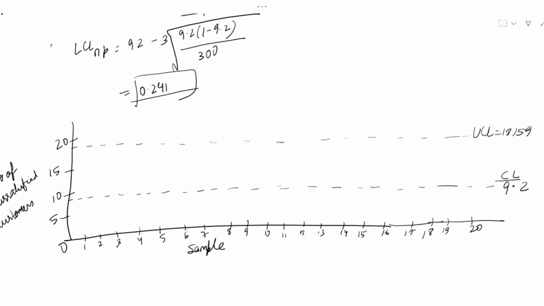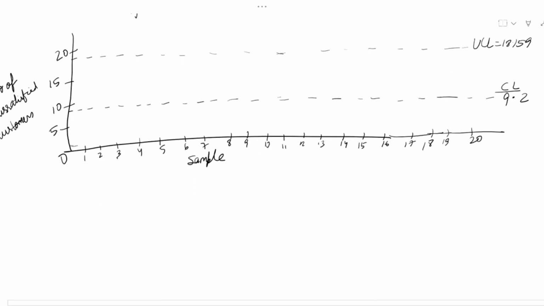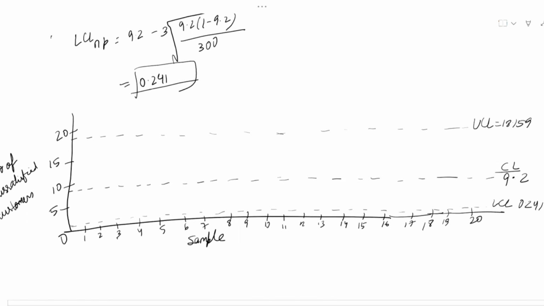The lower control limit is 0.241. This will be very close to your x-axis.